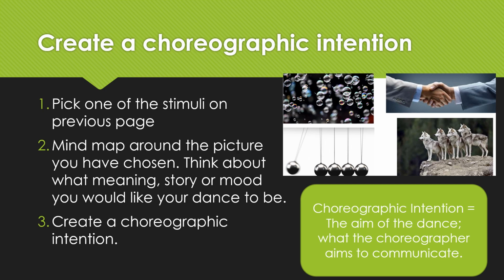So you need to think of your stimulus, but also what is the aim of your dance? What are you showing to the audience? So you now have 5 minutes to mind map around your chosen picture. Off you go. Pause the video now, please.